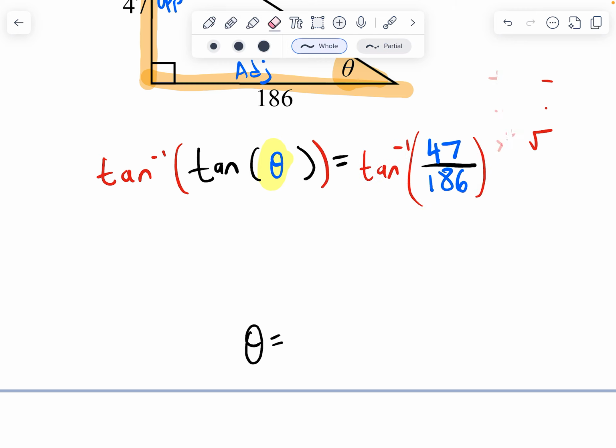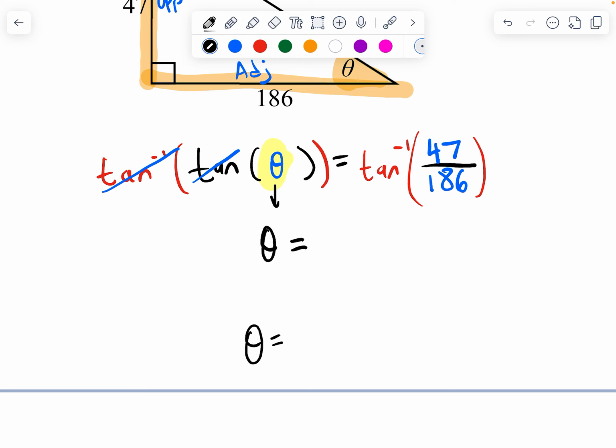Just like how subtraction undoes addition and everything else for those inverse operations, inverse tangent undoes tangent. So what ends up happening is that those will end up canceling and your theta will come out by itself. Right? We undid the tangent. So theta equals the inverse tangent of 47 over 186. And there you go. You solved for theta.